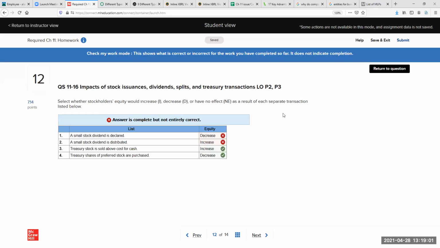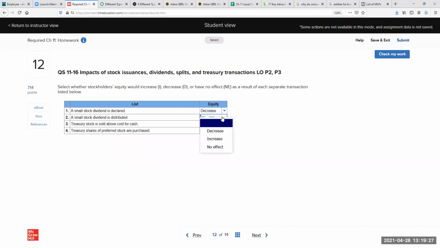All right. A small stock dividend is declared. Well, I guess, and a small stock dividend is distributed. Well, the journal entry is common stock is increasing. Stock dividend, you're increasing. But you reduce retained earnings. A small stock dividend is declared.